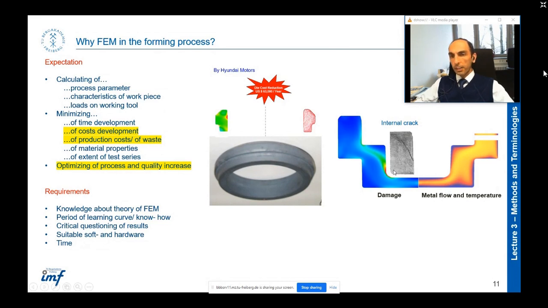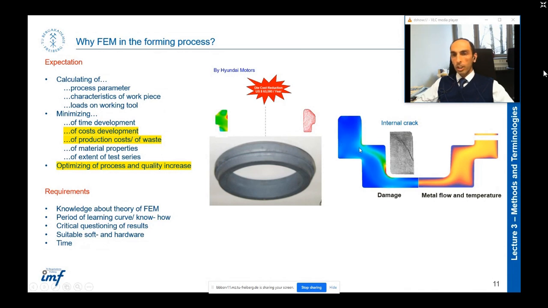Or here, from the quality point of view, as I said, it's very important to increase the quality. On the left side, it's predicting the risk of damage on the cross section of a flange.